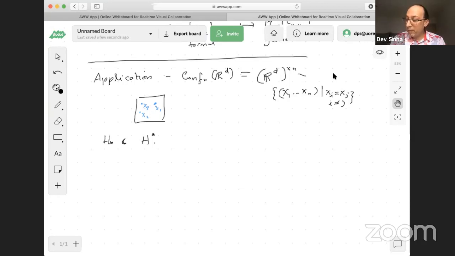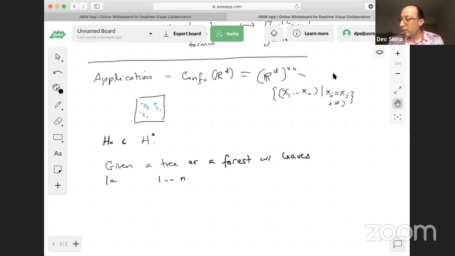So given a tree, or more generally a forest, with leaves labeled 1 through n, we're going to define a submanifold without boundary. So it's the kind of thing that can define homology.